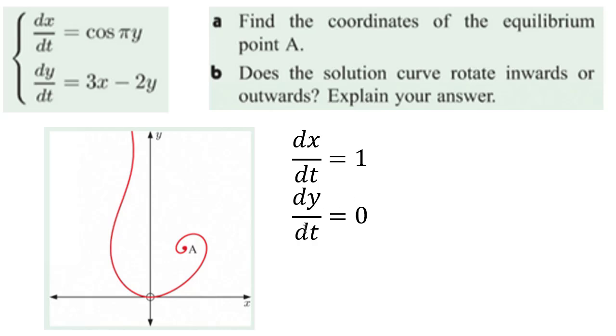And dy by dt is 0. So I'm not moving vertically. Only at the origin, I'm moving to the right and I'm not moving up. So I can safely put on an arrow there saying it's definitely moving in that direction. And therefore it is spiraling into the equilibrium point. Really nice.